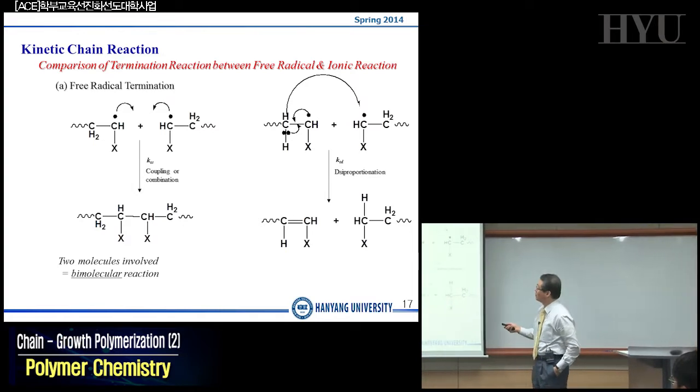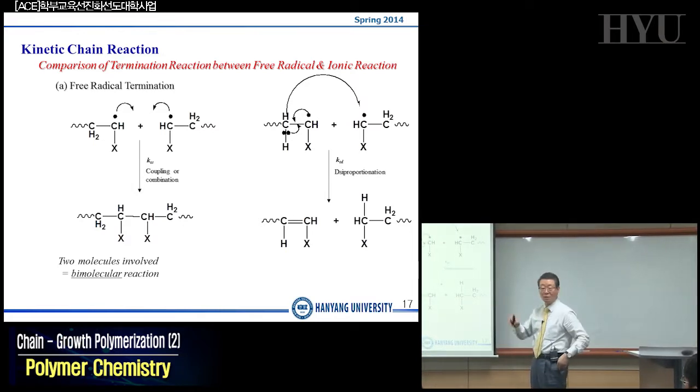For example, if I have a radical growing chain, and another growing chain with a radical at the end of the chain, it's not just a monomer but could have some repeating units.